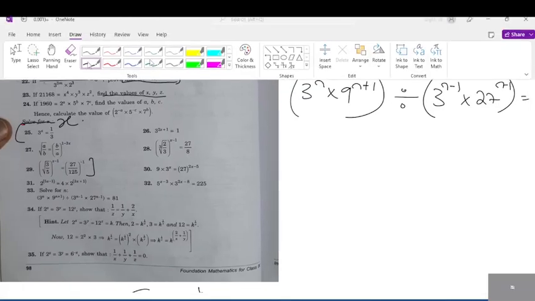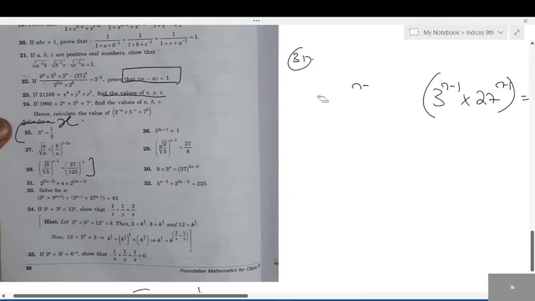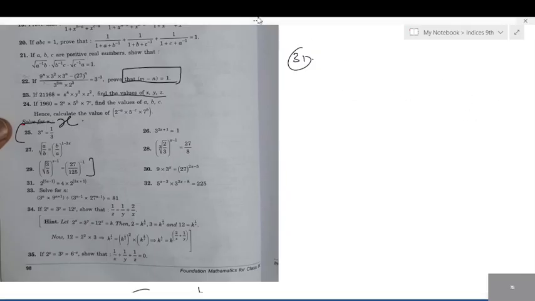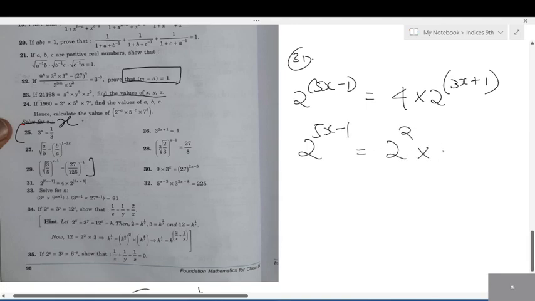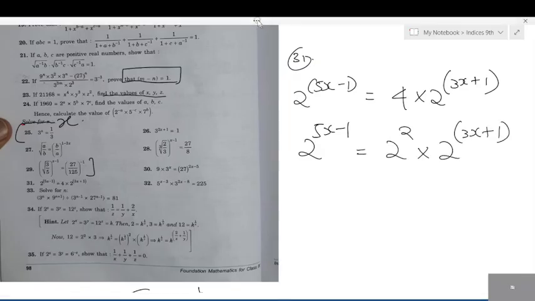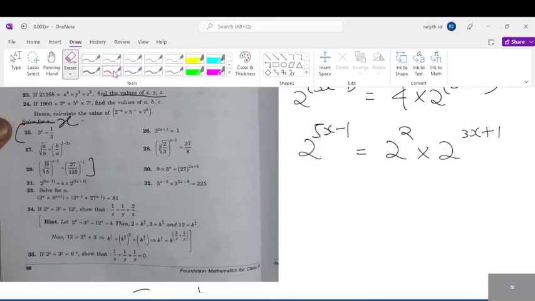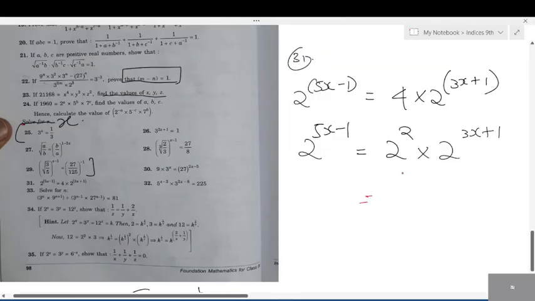Sorry, 31st question. 31st. Use the product rule. Right hand side, use the product rule.